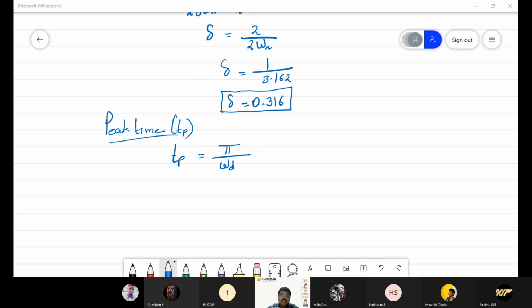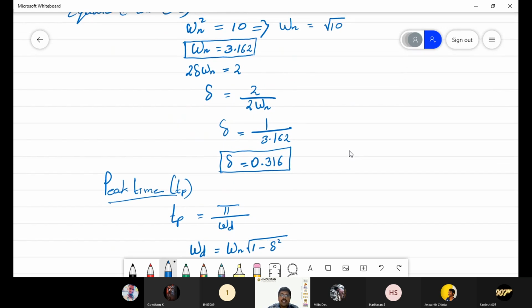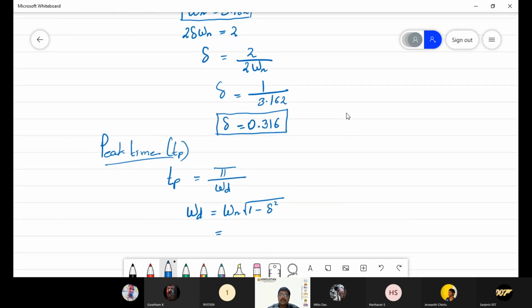That is omega d is equal to omega n into root of 1 minus del square. Therefore if you substitute, we know the omega n value, omega n is 3.162.